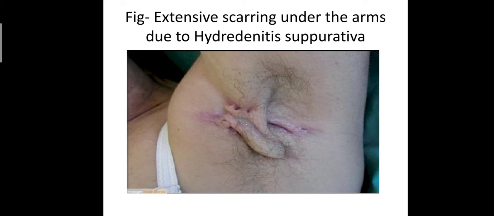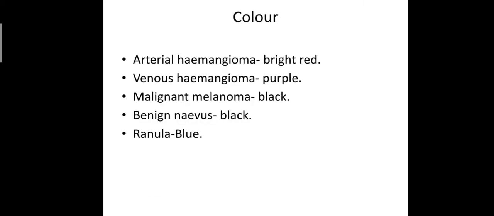Development of scar generally is present in unhealed or delayed healed ulcers. Color: arterial hemangioma bright red, venous hemangioma purple, malignant melanoma black, benign nevus black and ranula blue. These are the appearances of cystic overgrowth.